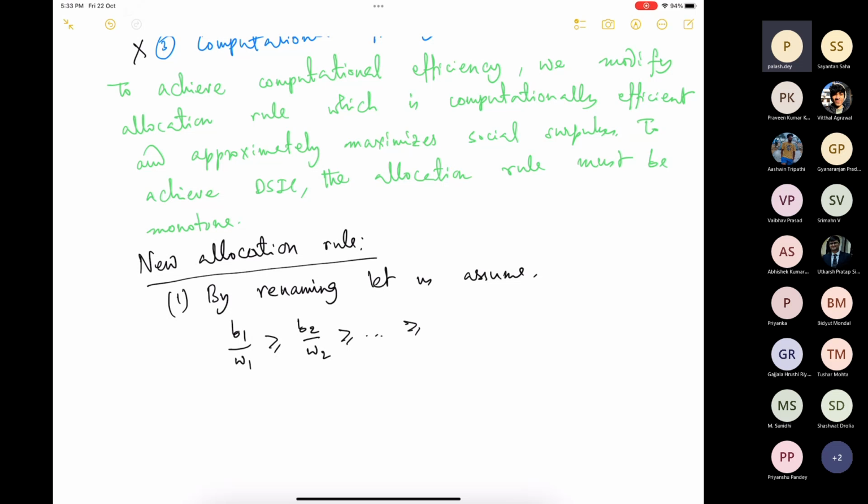So, bid per unit weight, per unit size. So we are sorting and renaming the items like this.